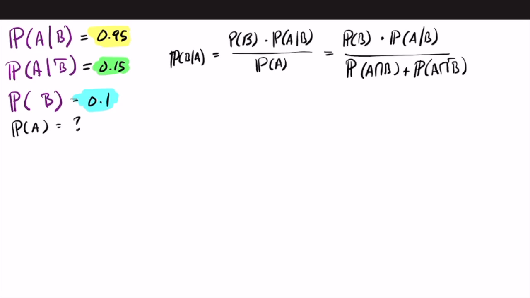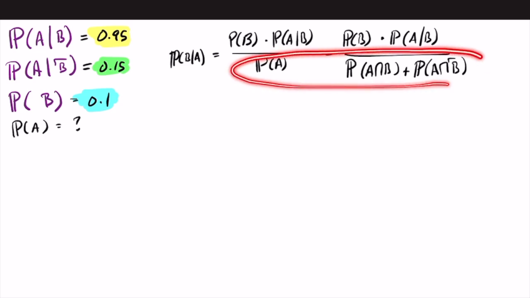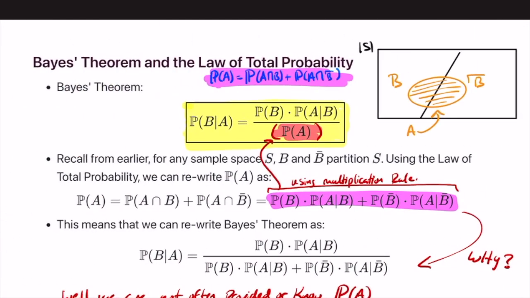Now, where this intuition comes from, it might be helpful to revisit, is that we have some event A that occurs, and we have a sample space S, and we know that we have an event B. For any sample space, if we have an event B, we also have B's complement, which is whatever isn't B, on this side. Together these form a partition, and the partition equals 1, which means it equals the entire probability space.